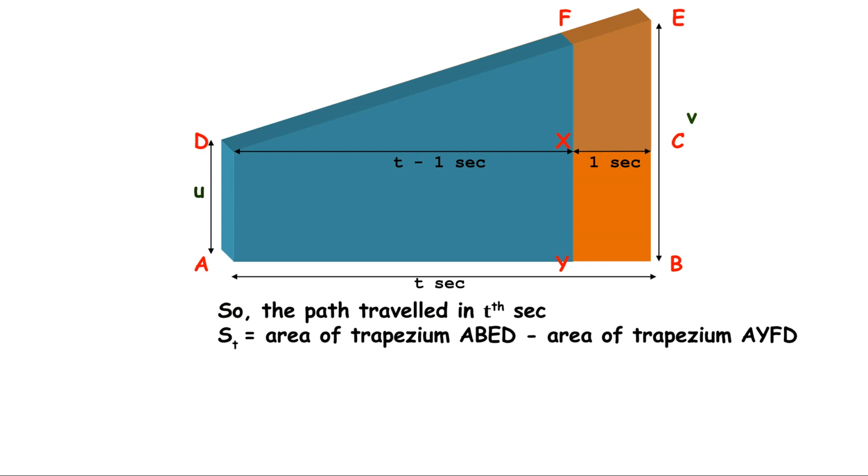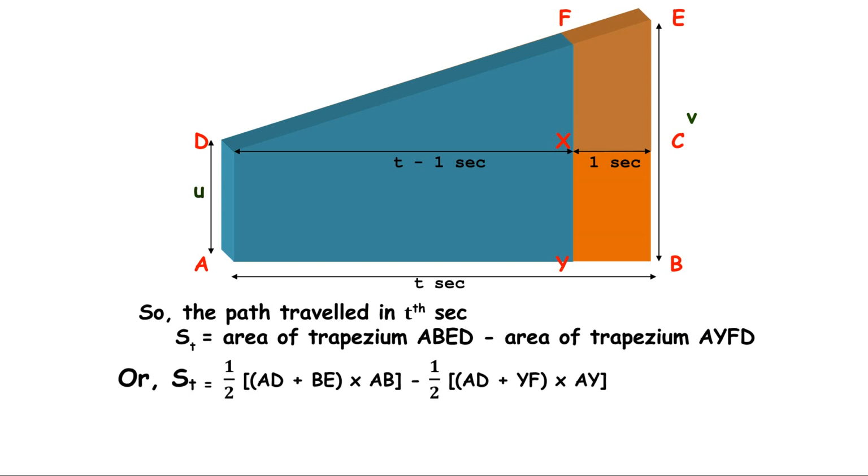So to find the displacement in the Tth second, we need to find out the area of the trapezium YBEF. So we are interested to find the area of ABED minus the area of the trapezium AYFD. So we can write ST equals area of trapezium ABED minus area of trapezium AYFD.